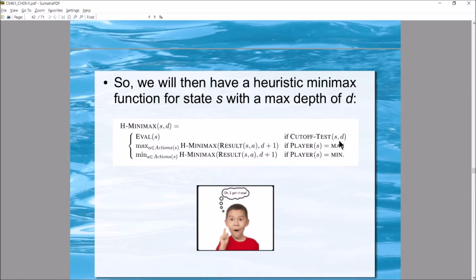But you're also passing it a state too, because it could be the case that maybe you actually have reached a leaf, a terminal node, and so cutoff test has to be able to detect that too.